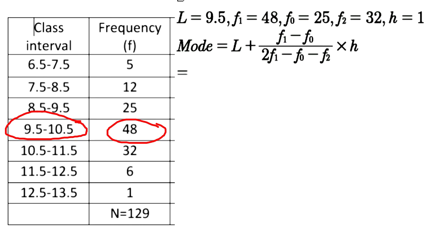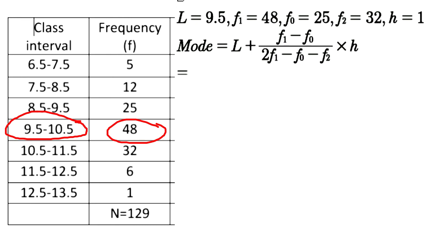The frequency preceding 48 is 25. Therefore, F0 value equal to 25. The meaning of F2 is the frequency of the class succeeding the modal class. The value which succeeds 48 is 32. Therefore, F2 is equal to 32. H equal to the length of the class interval. Now H value equal to 1.